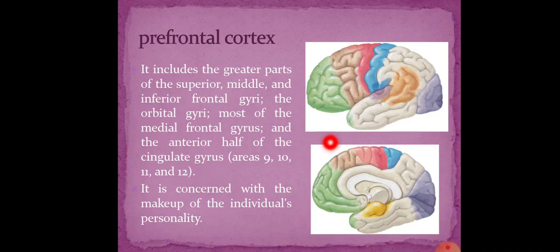We have an area here colored green, which occupies the greater part of the frontal lobe, known as the prefrontal cortex. This prefrontal cortex is responsible for make-up of individual personality.